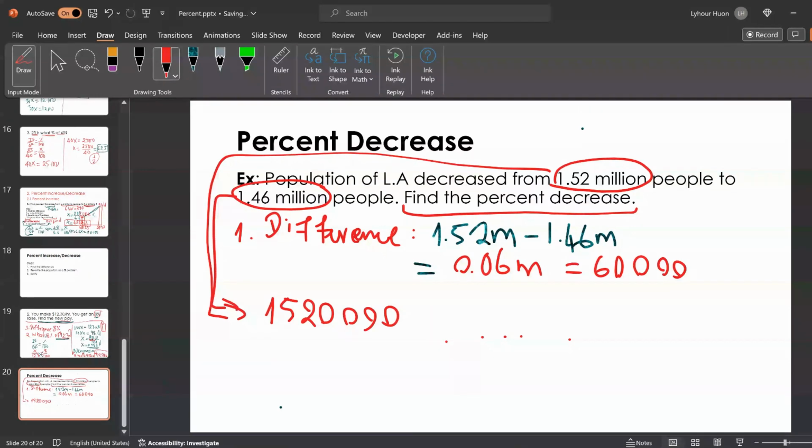Minus this number. So minus what in expanded form?